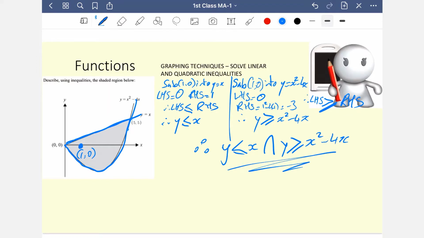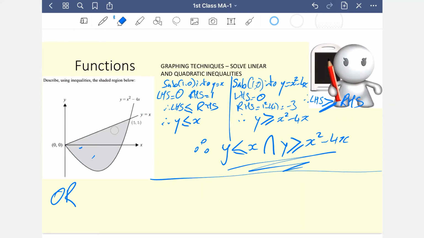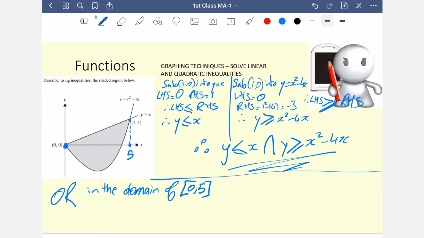Now, that's a great answer, okay? Or the other way that you could do it is by having a look at what's happening here. Now, this region is in the domain from x is equal to 0 to x is equal to 5. So let's write that. In the domain of 0 to 5, and including 0 and 5.